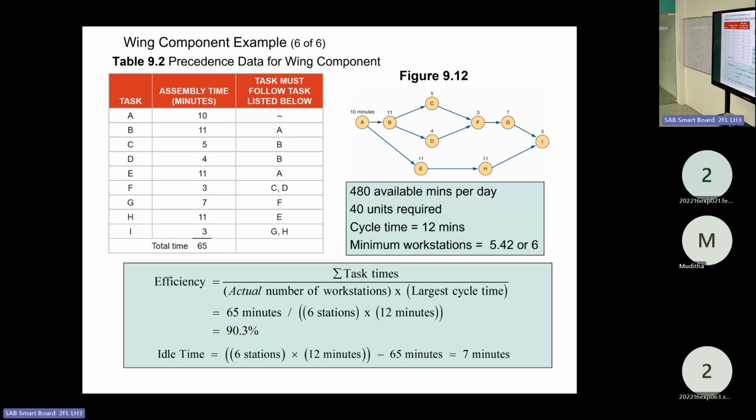This was a very simple example, having only 10, 11 tasks, and the activities are straightforward. Such a process we call line balancing: equalizing the time between workstations.